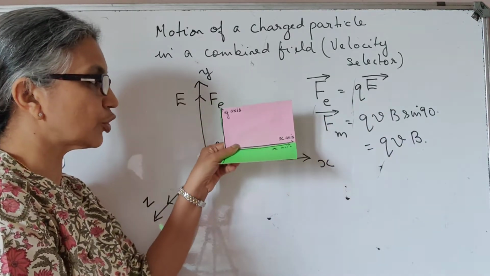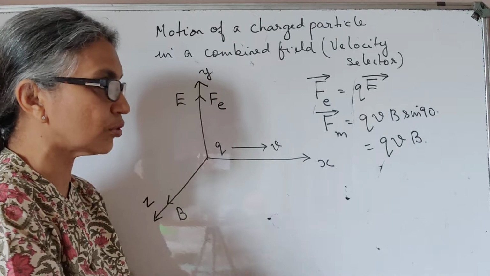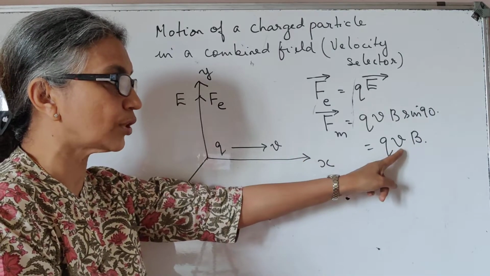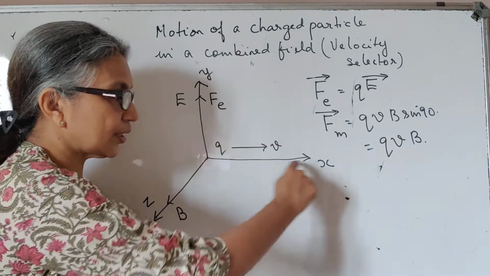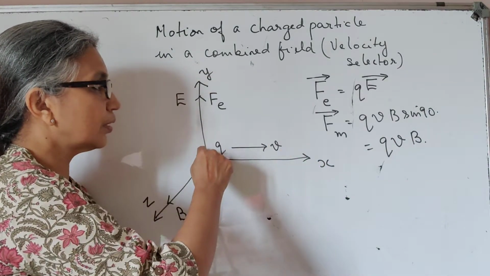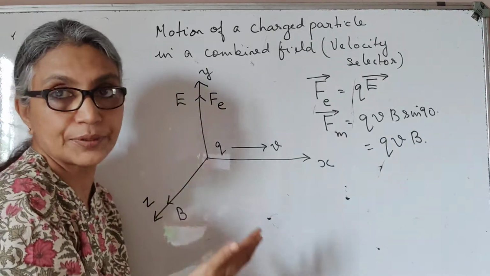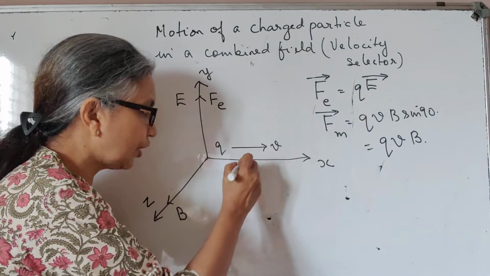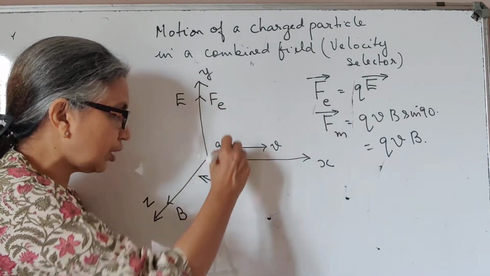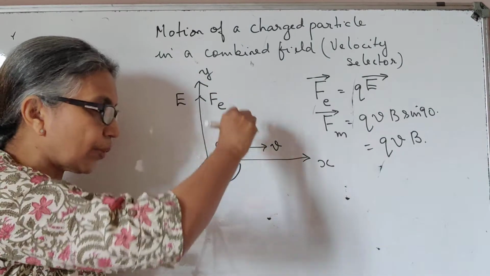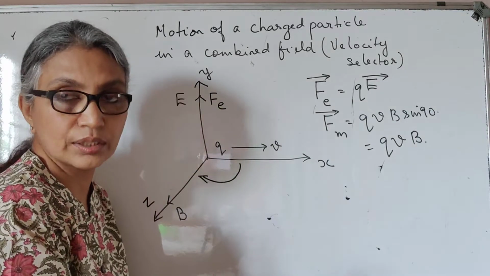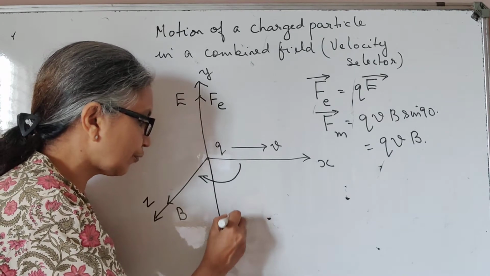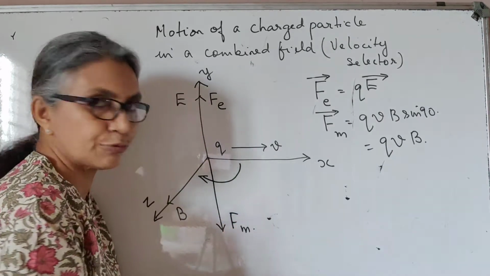Now the charged particle is going to experience a force QVB, which is the magnetic force, perpendicular to the plane containing V and B. V is along the x-axis, B is along the z-axis. Perpendicular to that we know is the y-axis, and as you turn from V to B, we are turning in the clockwise direction. So it will be downward, which is the negative y-axis. So we have downwards the force due to the magnetic field.